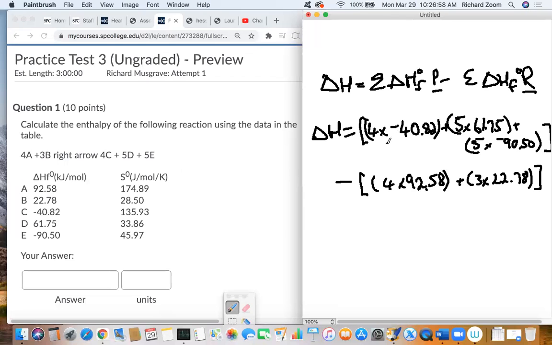It looks like multiplication, but it's actually addition: negative 40.82 plus negative 40.82 plus negative 40.82 plus negative 40.82, added together 4 times. Whatever answer you get is going to be a number with 2 places past the decimal, and the unit would be joules per mole.